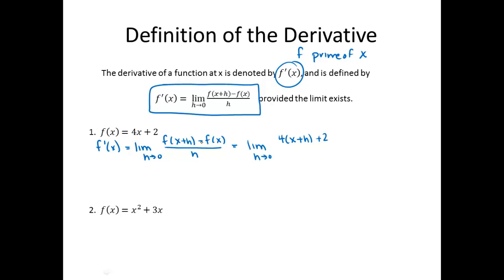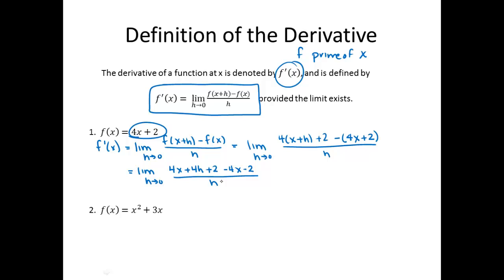I still have to do minus the original function, all over h. In my next step, I will distribute both the 4 and the negative 1. The limit, every single time, as h approaches 0, I'm distributing 4x plus 4h plus 2 minus 4x minus 2 all over h.